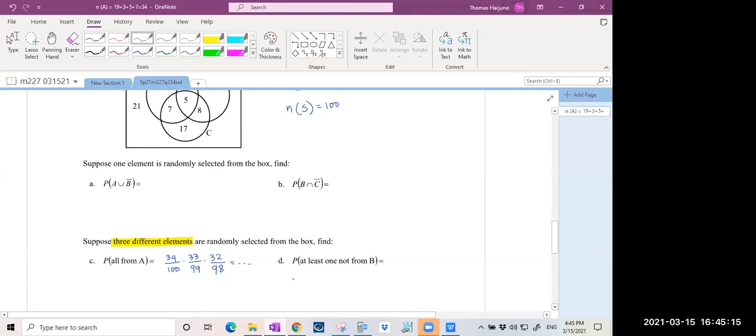At least one not from B is the complement of none not from B. Basically, another way to say that is the probability of all from B. The complement of at least one not from B is all from B. Now then, let's see how many elements are in B.